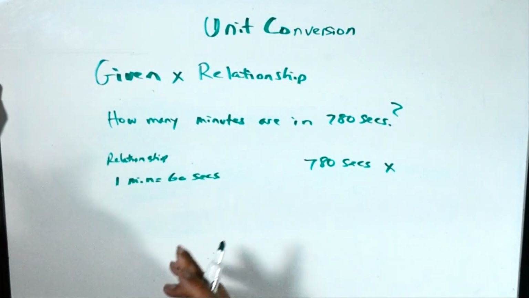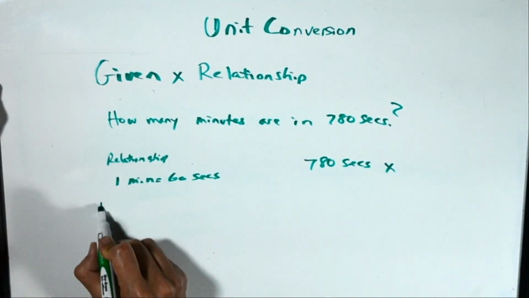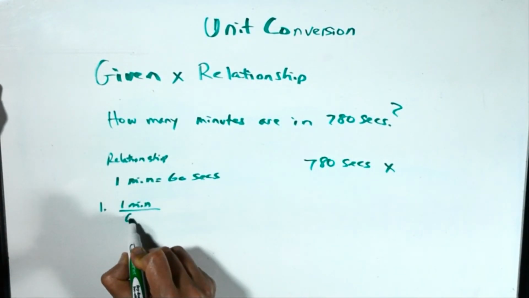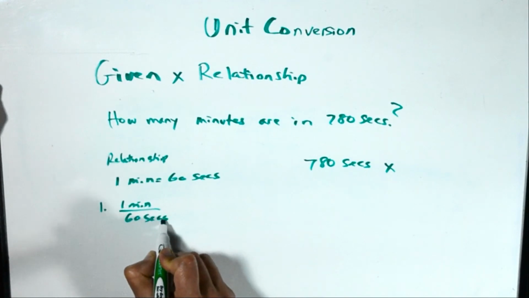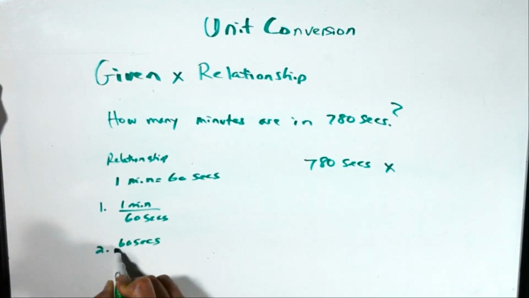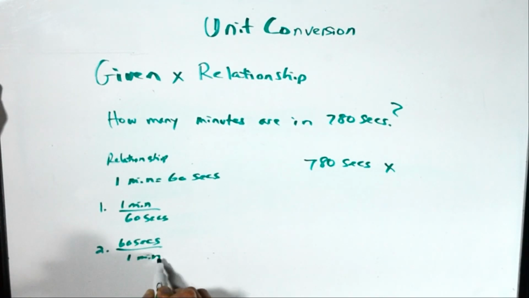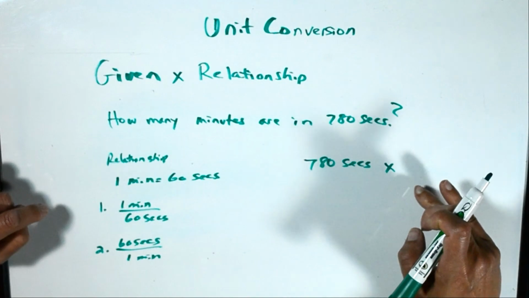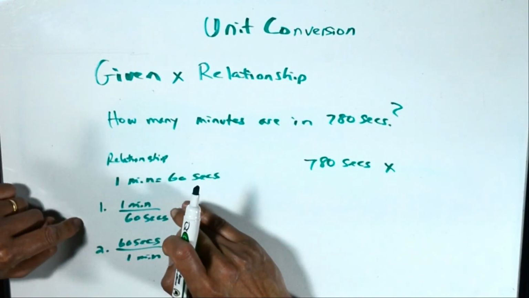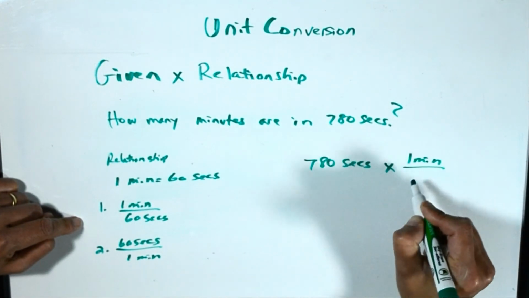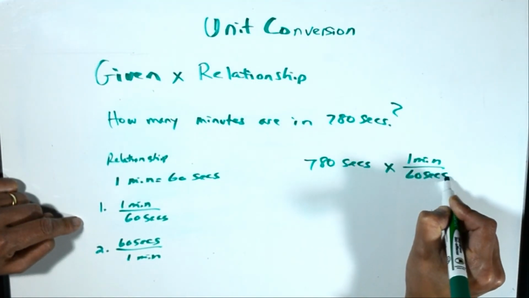And again, we can write it in two different ways, two different fractions. The first fraction says 1 minute per 60 seconds. The second relationship is 60 seconds per 1 minute. Okay. The fact that we have unit of seconds here, we want the unit of seconds on the bottom. So we want this first equation. So we put 1 minute per 60 seconds. Okay.